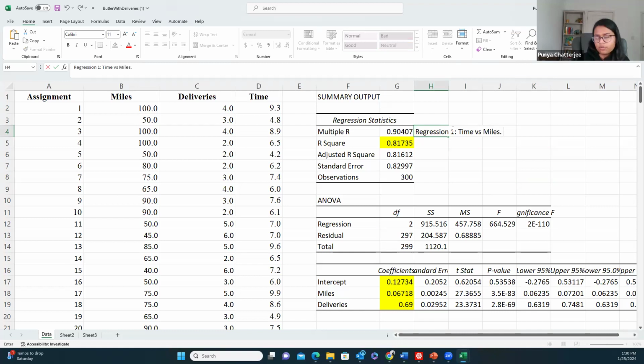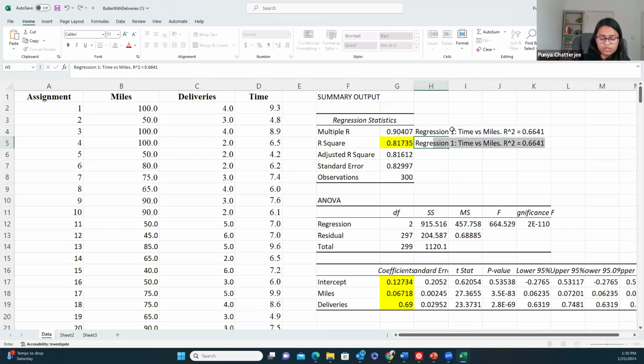Do we remember what the R-squared was for that regression? Can anyone pull that up? R-squared was 0.6641. Good, thank you.